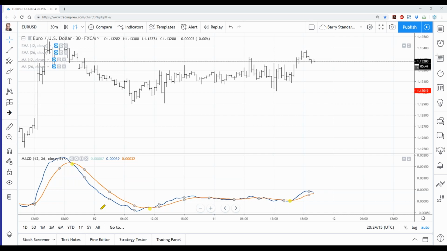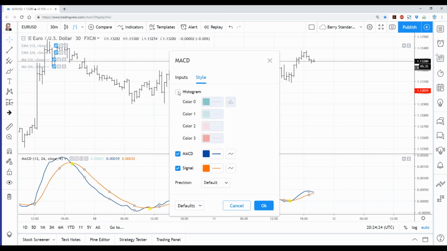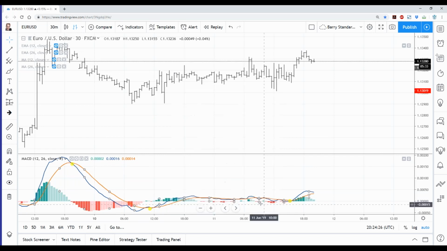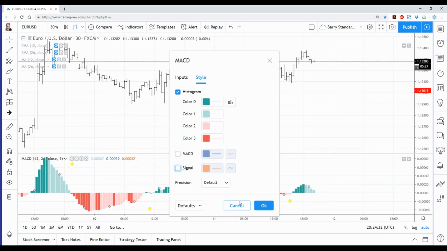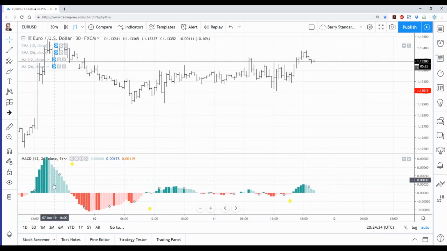Now, we go one more step, and this is called a histogram. This histogram is charted using the difference of the value between the MACD line and the MACD signal line.